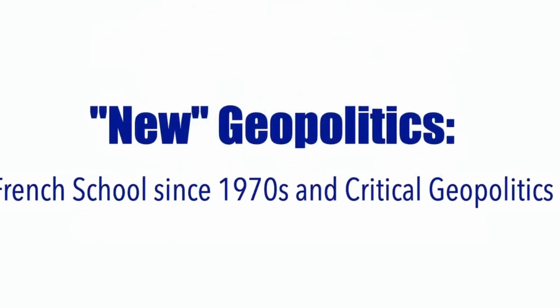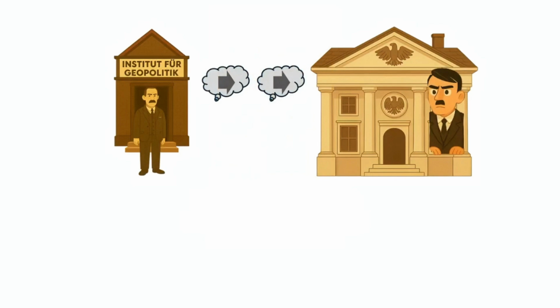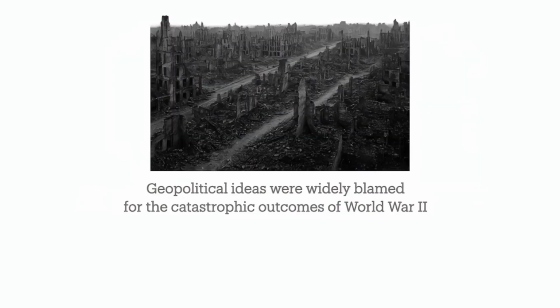Now let's proceed with the post-World War II geopolitics. After World War II, geopolitics as a term fell out of favor for several reasons that you can probably guess. One key reason: the alleged influence of Haushofer's geopolitics on Nazi policy made the whole field look morally compromised. Geopolitical ideas were widely blamed for helping to legitimize the catastrophic violence of the war.